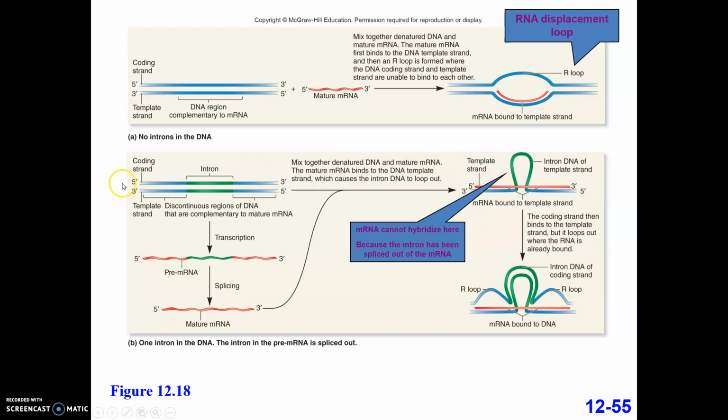Now, if you then take the coding strand and allow it to hybridize back on, what you'll notice is that the intron section is present there, and it can hybridize here. Over at the ends, you will get double helix and hybridization forming.